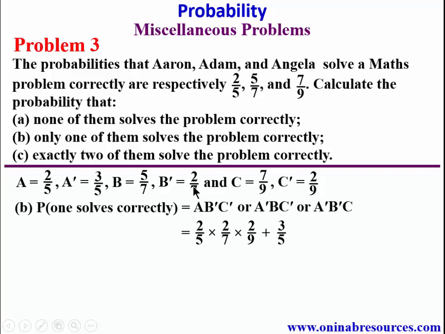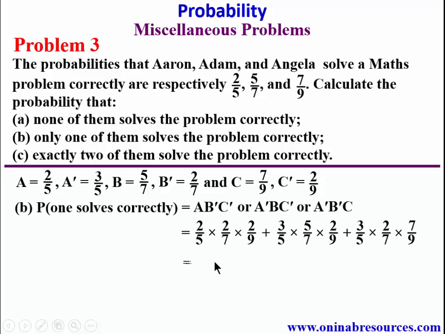And B solves it correctly is 5/7. And C does not solve it correctly gives 2/9. Then plus probability that A does not solve it correctly, 3/5 times 2/7. Then the probability that C solves it correctly is 7/9.